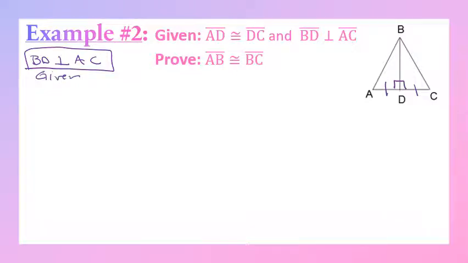Now, think about that symbol right there. That symbol is perpendicular. So by definition, what do perpendicular lines do? Perpendicular lines form right angles. So that tells me that angle DBA and angle BDC are right angles.